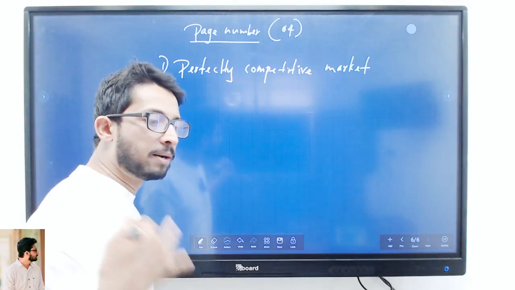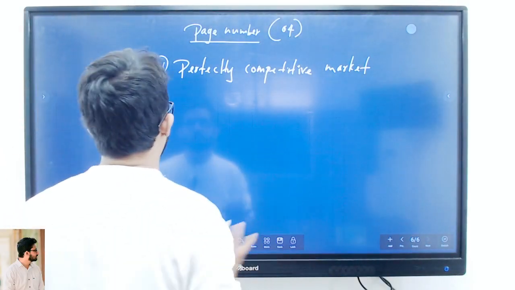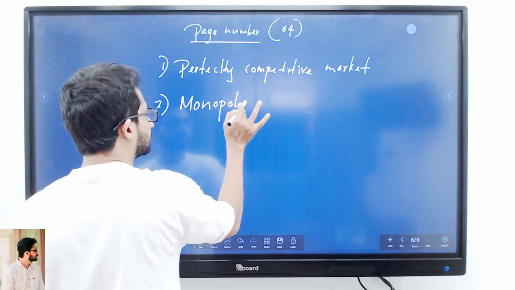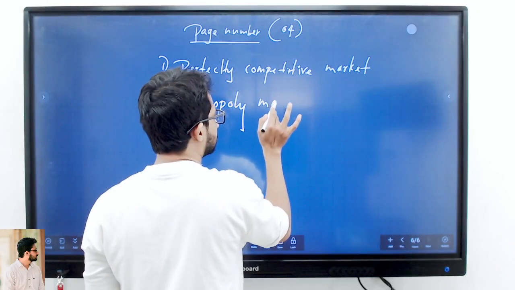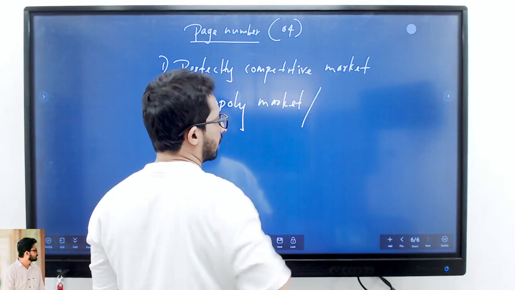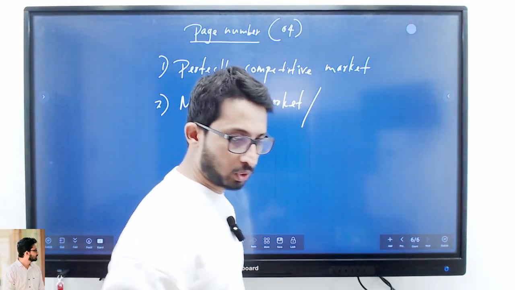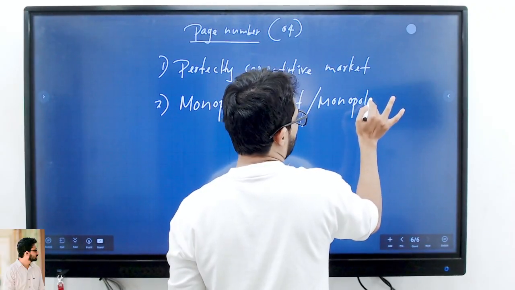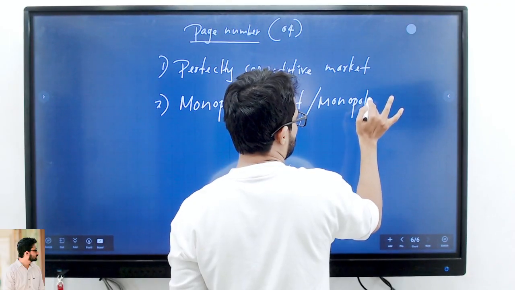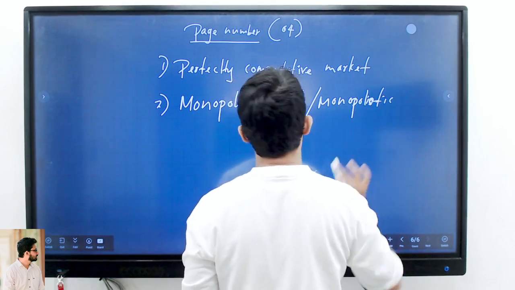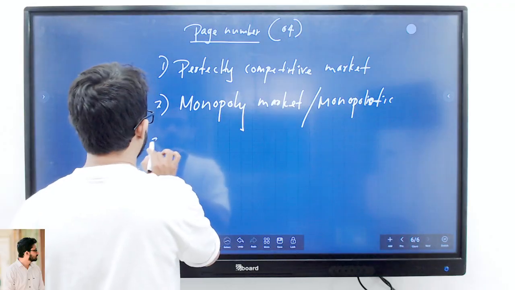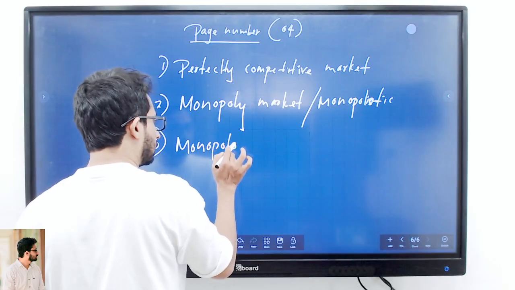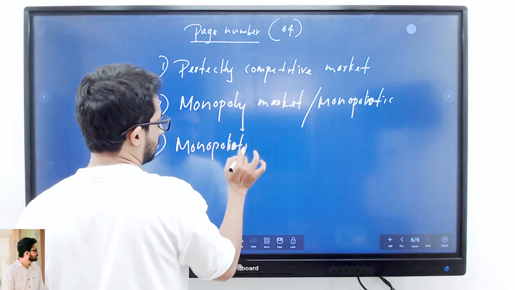Second one, monopoly market. This is also known as monopolistic market. Both are the same. Third one, monopolistic competition.